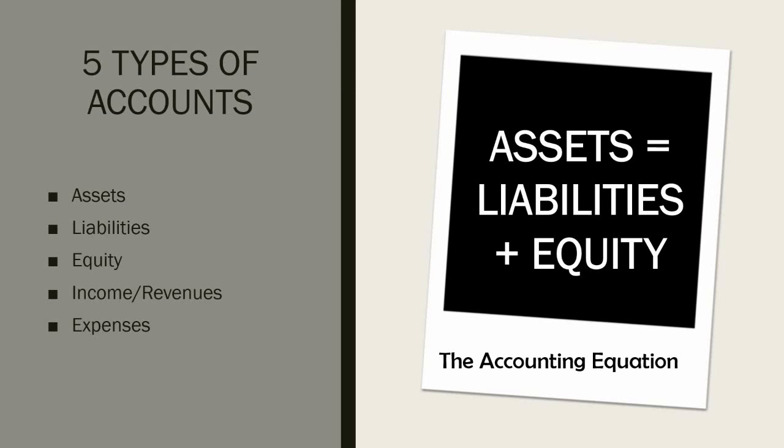You want to make sure that everything that you own is equal to everything that you owe and how much your value of the company is reflecting. So this equation is very important when it comes to understanding accounting. This is accounting 101 knowledge that you need to have in the back of your head.